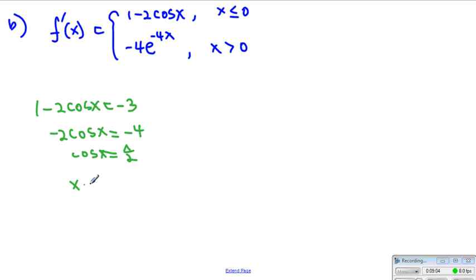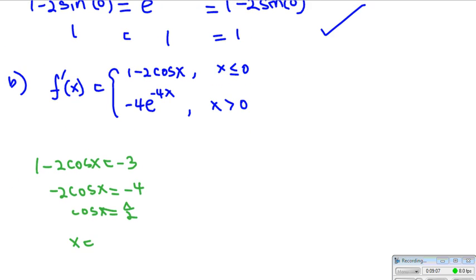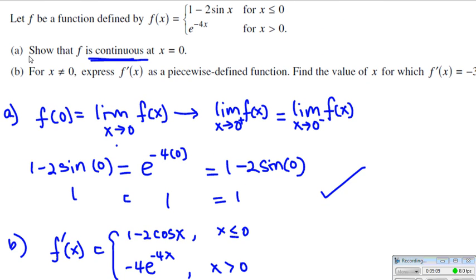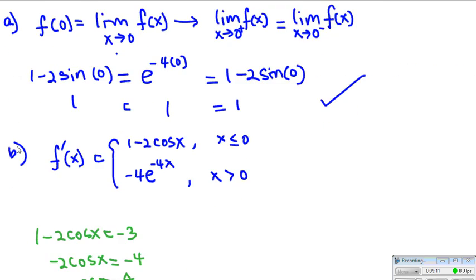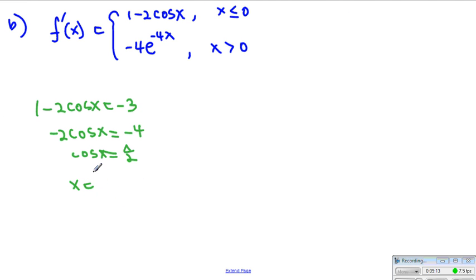In this case, we are looking at positive and negative values. In terms of positive values, we are looking at pi over 3. And then x has to be equal to negative pi over 3.